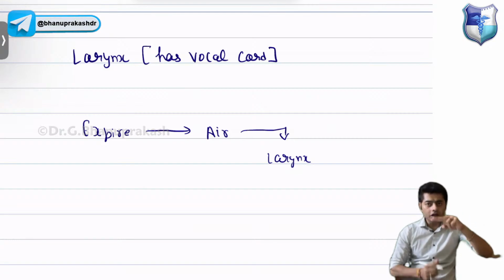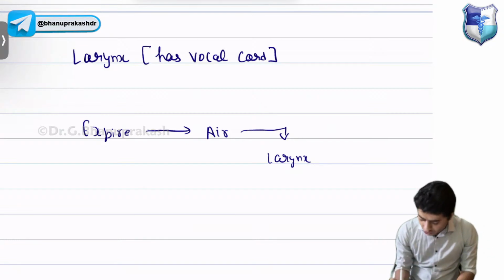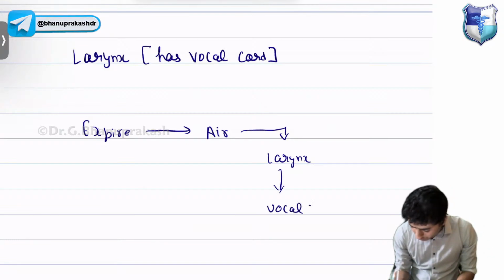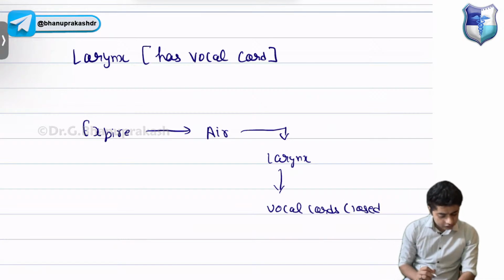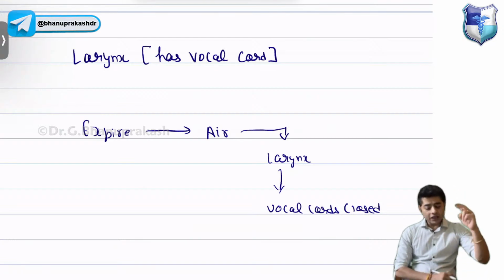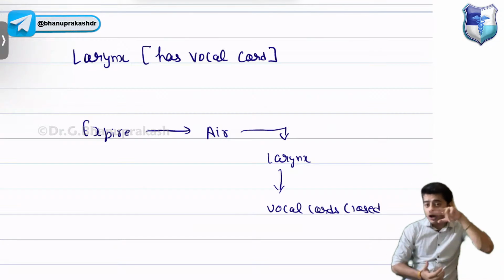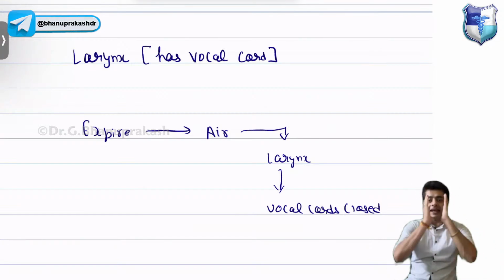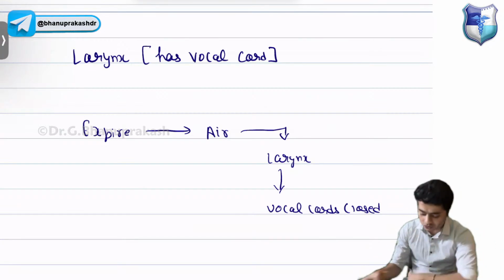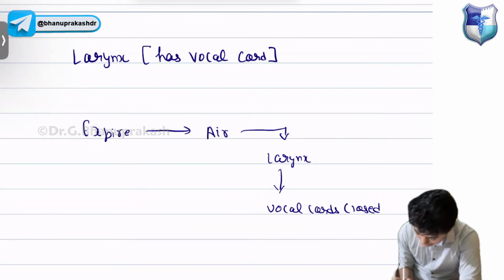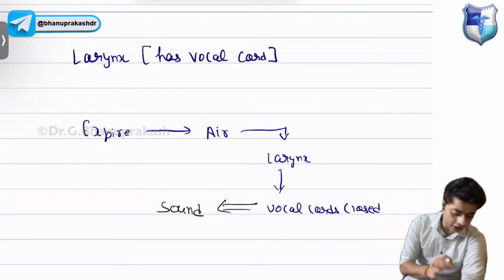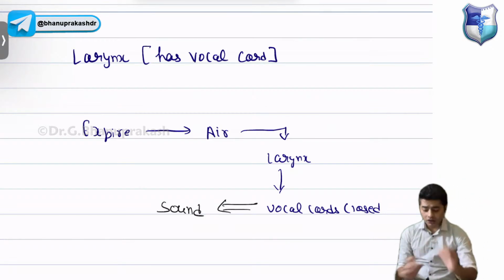Now when air is blowing out from the larynx and vocal cords are closed, this air will hit the vocal cords and it will produce a sound.